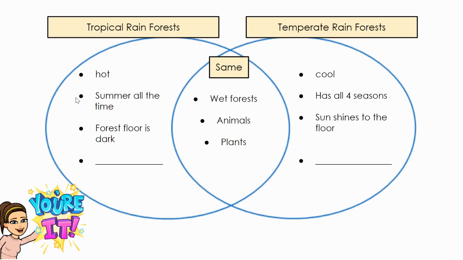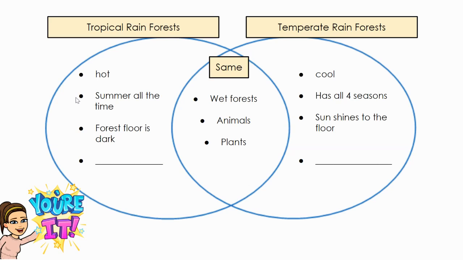Okay, second graders, now it's your turn. I want you to find one more difference between a tropical rainforest and a temperate rainforest. I'm going to give you a hint about what information you might look for. We saw a lot of different animals in this book.